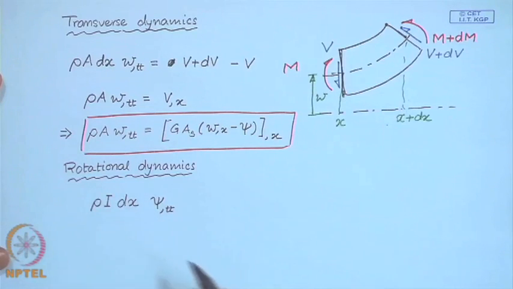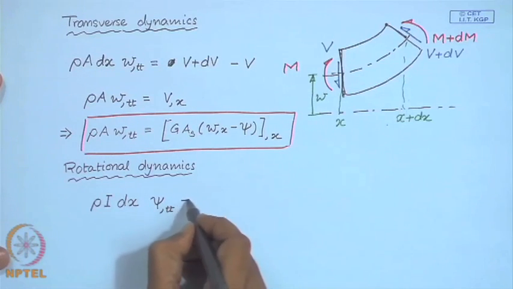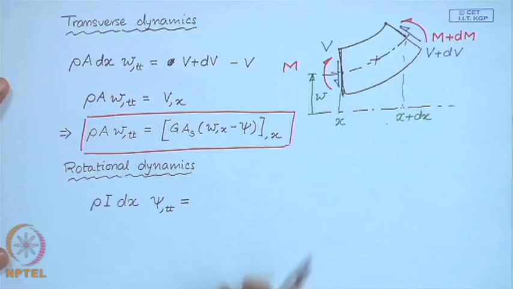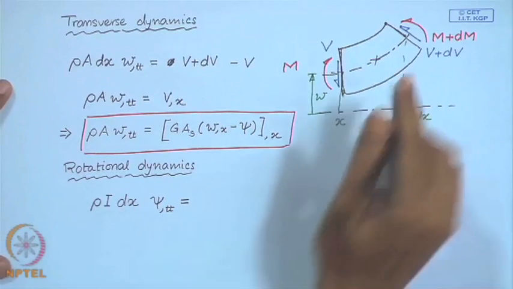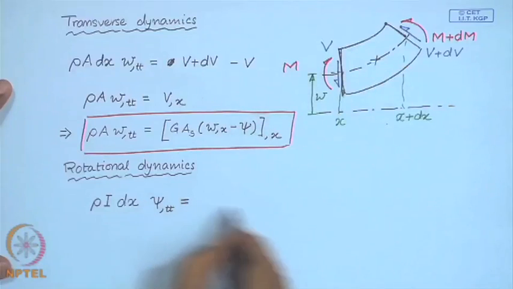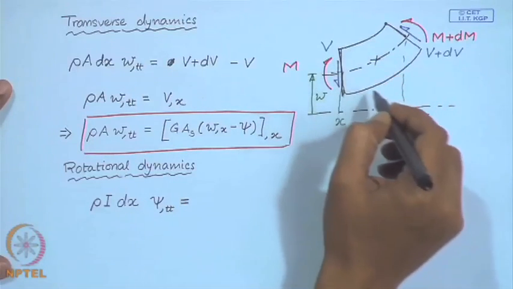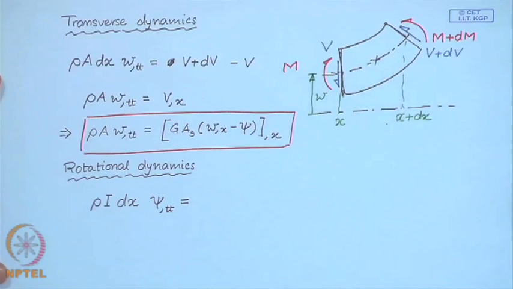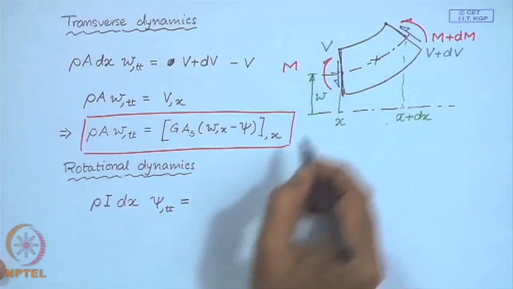So, this is the angular acceleration, and that must be equal to all the moments about the center of mass of this element.